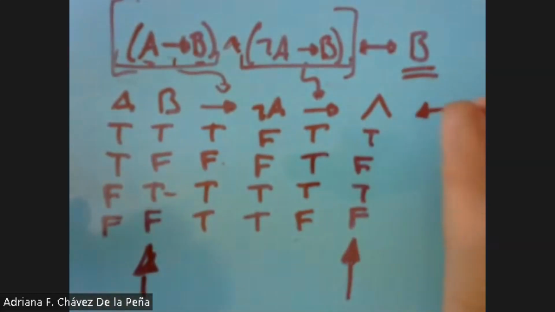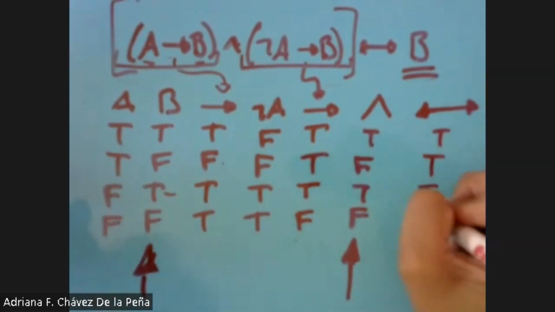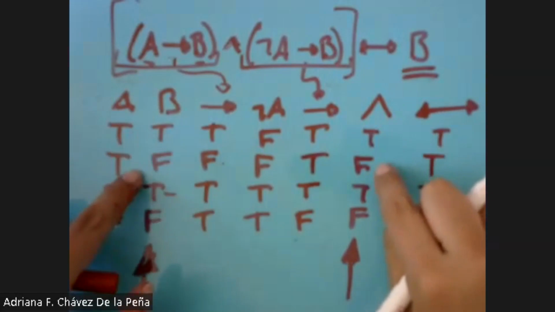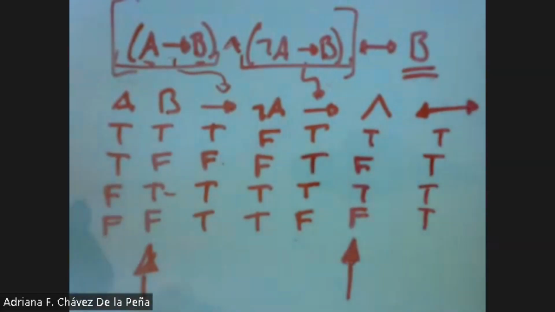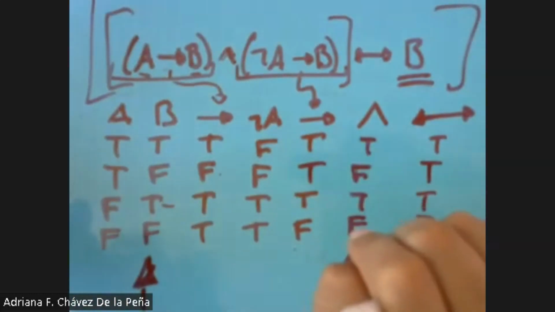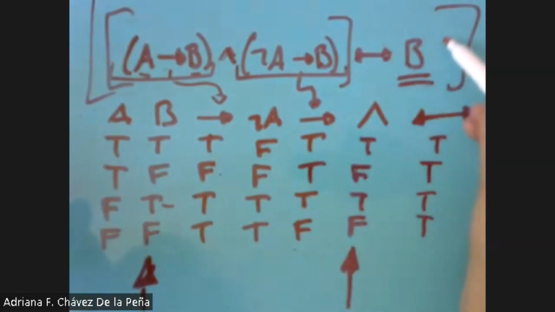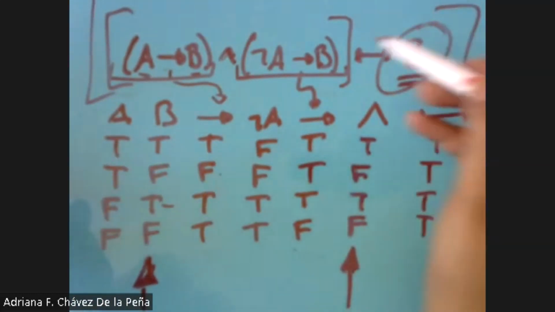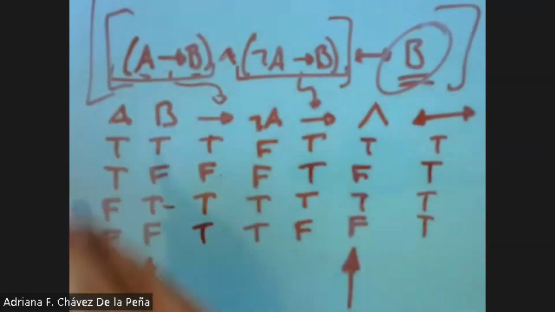So what we find here is that this is an equivalence that holds every time, right? So we always have the same values. And therefore, we can say that this is the equivalence among the three that we are given for this exercise that holds. So this statement right here is equivalent to this whole compound proposition. And that is all.